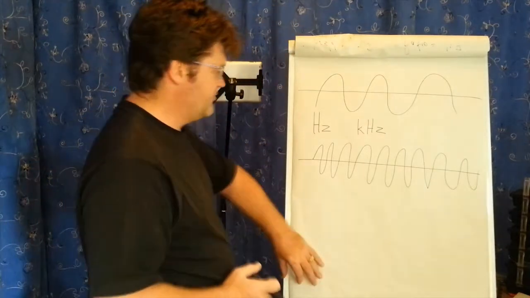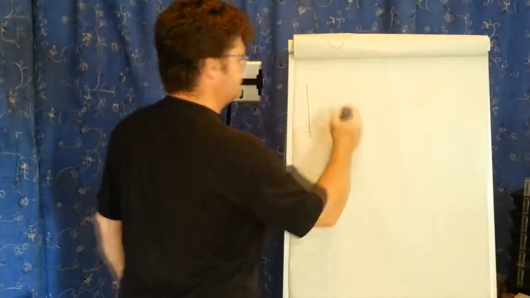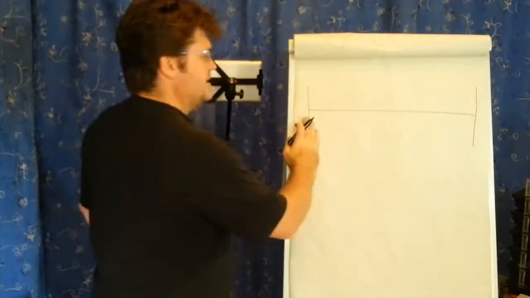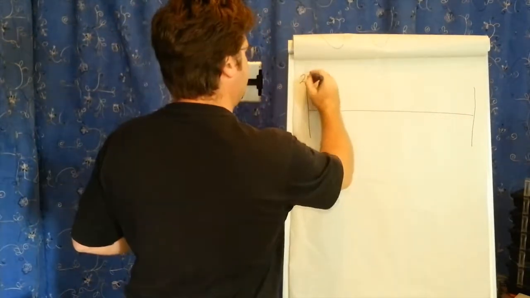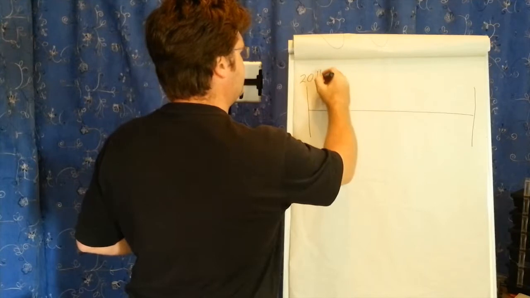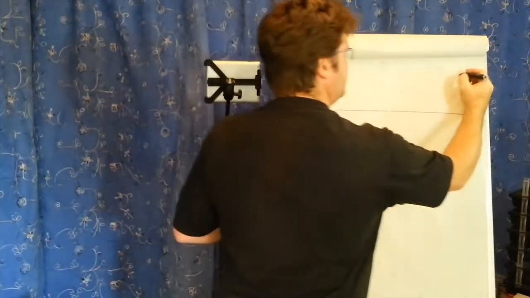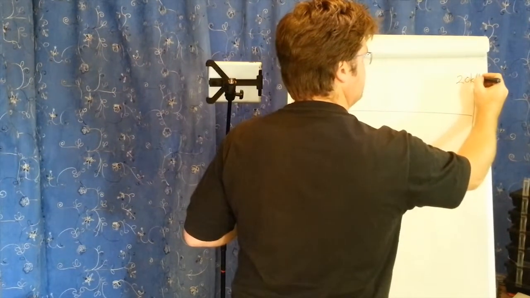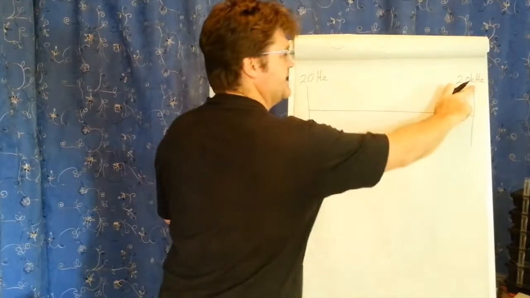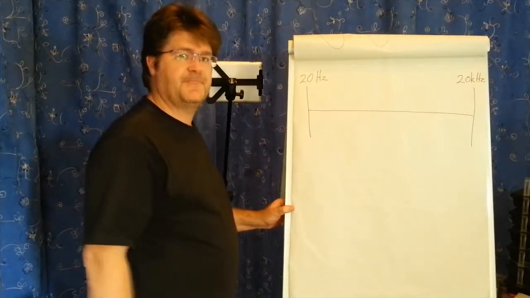I'm going to page over and draw a little graphic. Let's say this is the frequency spectrum. Over here we have 20 hertz. On this side we have 20,000 hertz. As you can see, I indicate that with the kilohertz being 1,000.